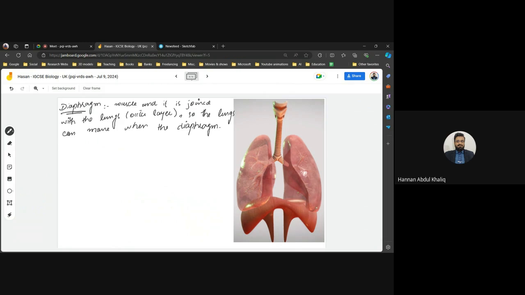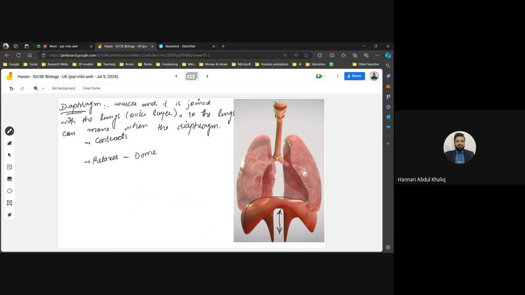Now, what is the movement plane of the diaphragm? The diaphragm typically moves up and down, and it is not like a lift. Since it is a muscle, it contracts and relaxes. When it relaxes, it appears like a dome. Just look at this.